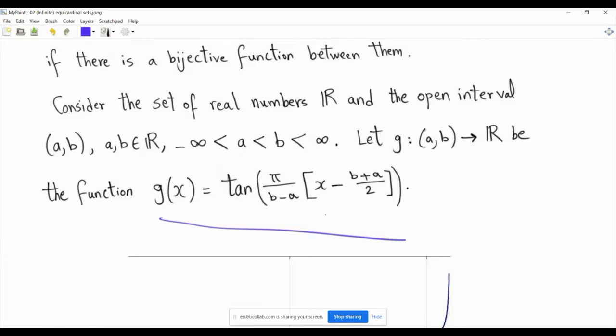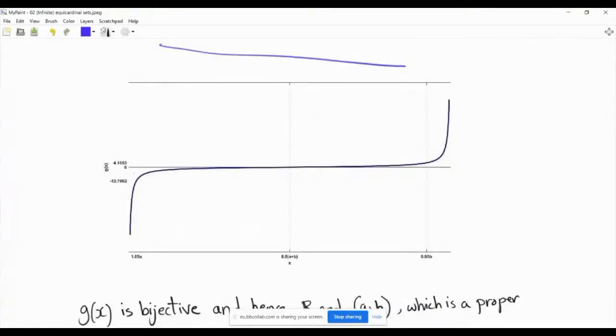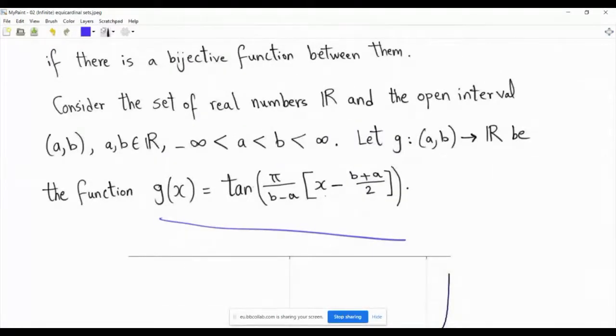Now, what does this function look like? Here is the midpoint. At the midpoint, when x is a plus b over 2, g of x is equal to 0. So g of a plus b over 2 is equal to 0.